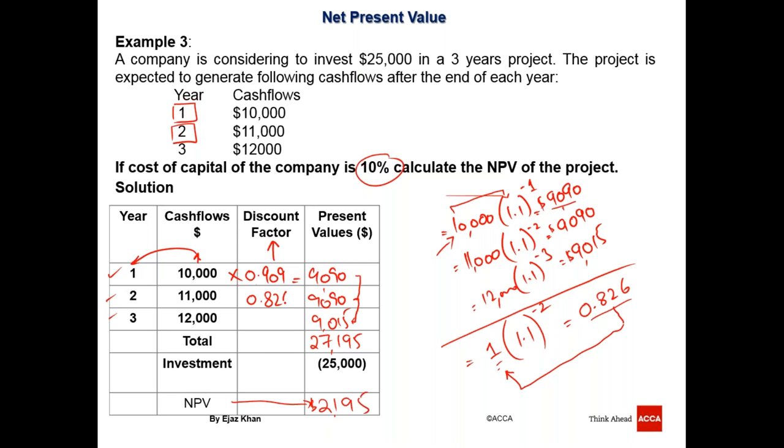So if this is for $1, then what should be invested for the total $11,000? We just need to multiply. Simple. We'll get the same present value. In the same way, if we need to calculate the present value of $1 to be received in 3 years' time from now, what will be the answer?